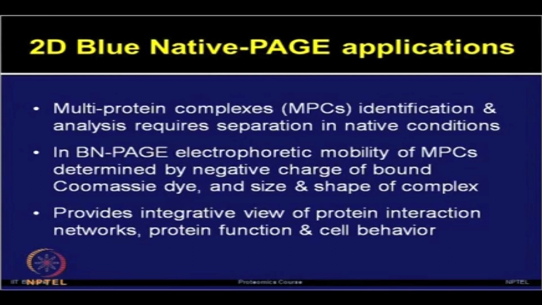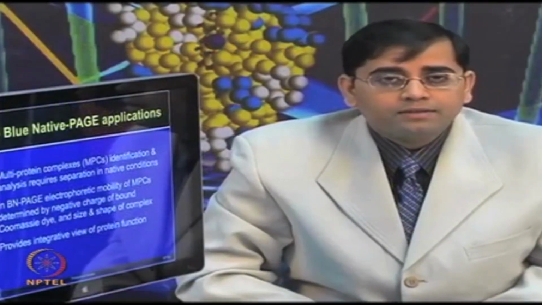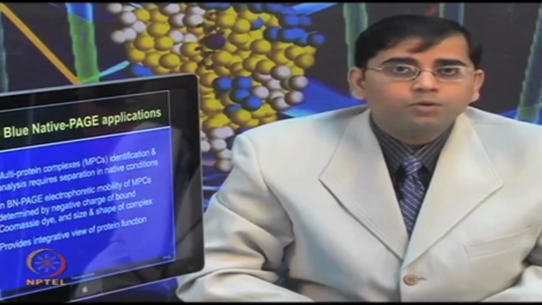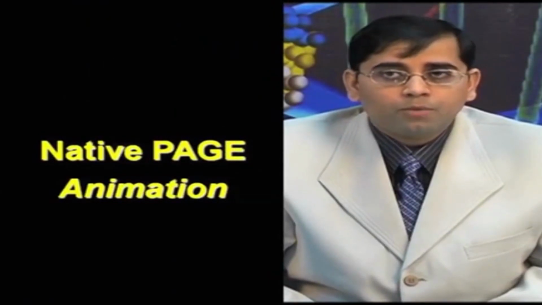In blue native PAGE, the electrophoretic mobility of MPCs is determined by the negative charge of the bound Coomassie dye and the size and shape of the complexes. So, this technique can provide an integrated view of protein function. I will now show you an animation of how to perform native polyacrylamide gel electrophoresis, blue native PAGE or BN PAGE.